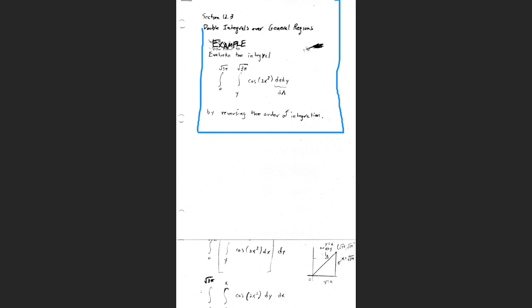Let's just call this an example or a warm-up in this case. So let me give you a moment to copy this example down, okay? Take a moment to copy the example down, and then we'll talk about its solution.